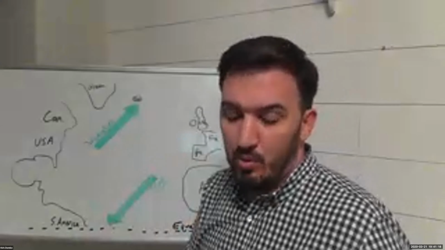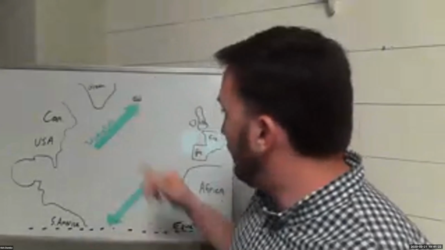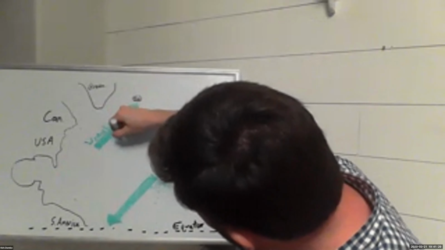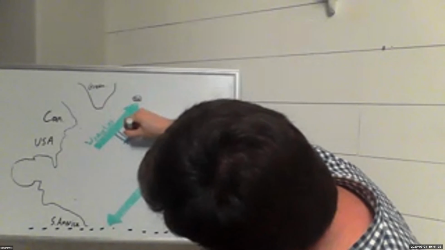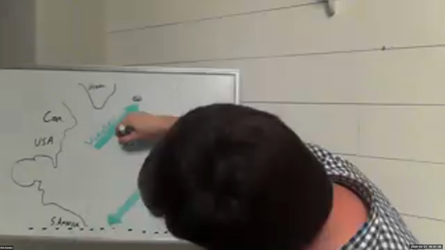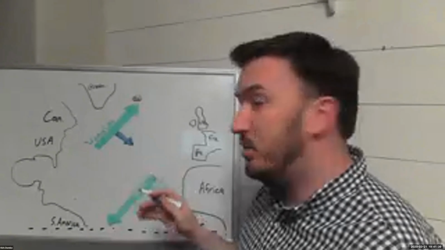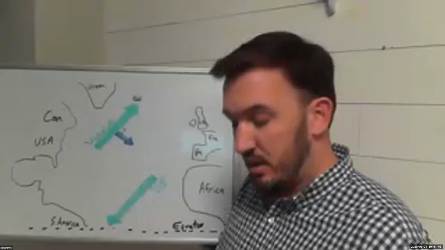Now, Ekman transport says that in the northern hemisphere, if the wind is blowing across the water here, the water wants to take a 90-degree turn. That's a 90-degree right angle, corner right there.